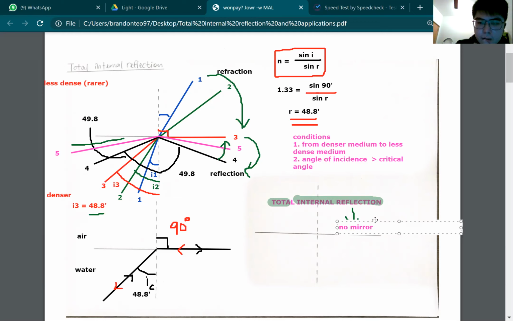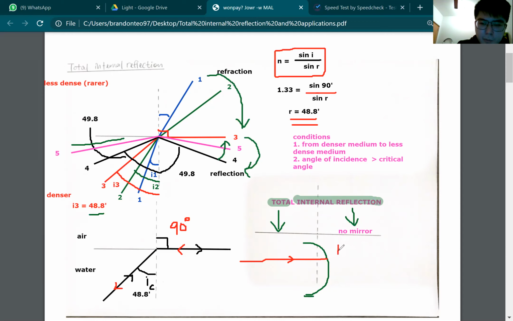How about the total? Total means there is a very special case. Let's say you have a curved mirror here, and your light ray strikes the mirror. What will happen is that there is absorption.